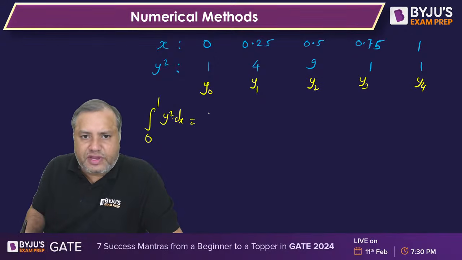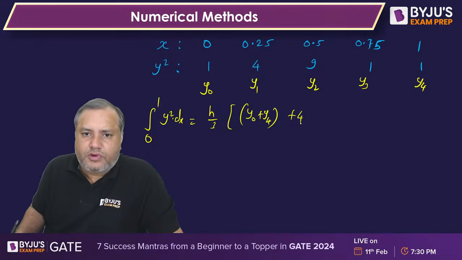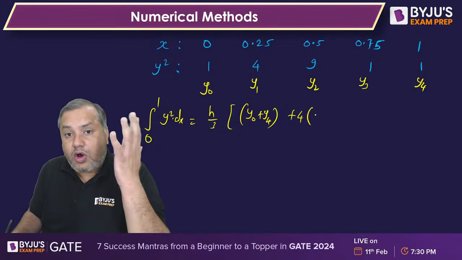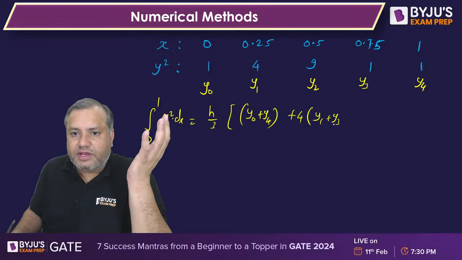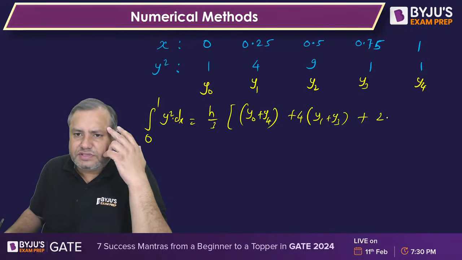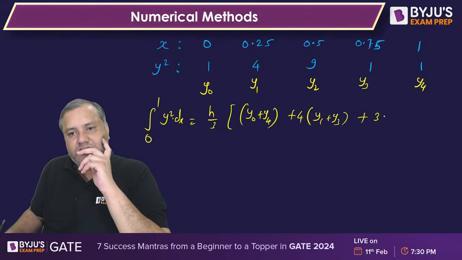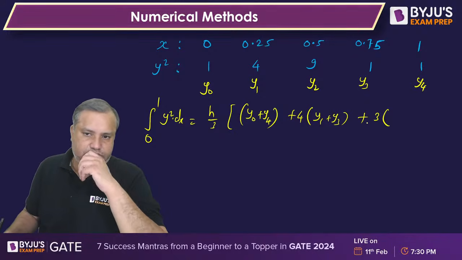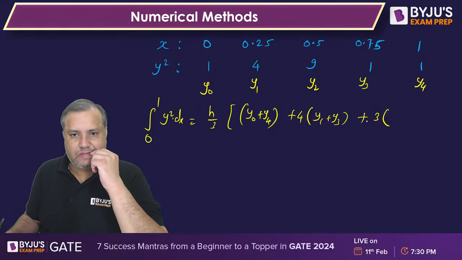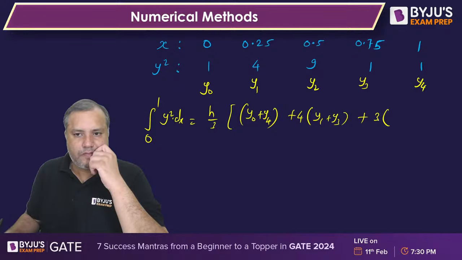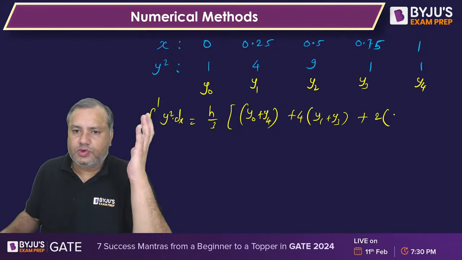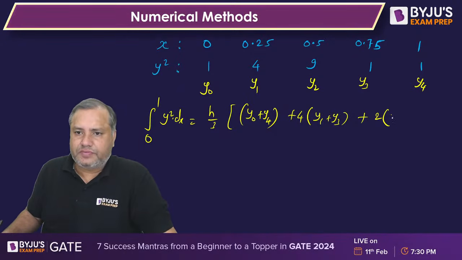So this is h by 3 times first entry plus last entry, y0 plus y4, plus 4 times entries whose suffix is odd, so y1 and y3, and 2 times entries whose suffix is even.